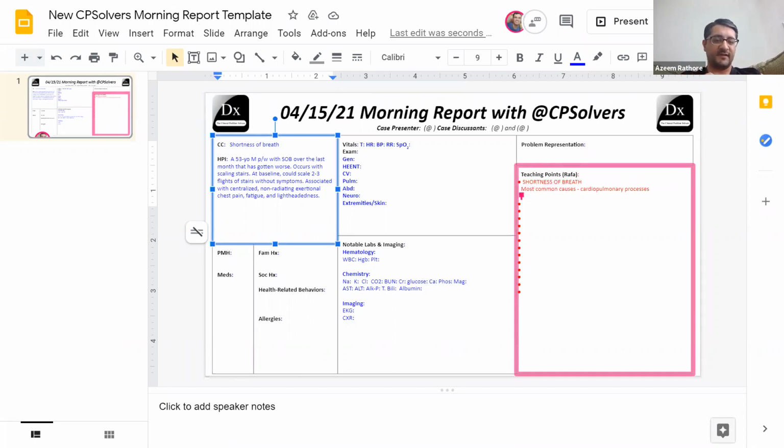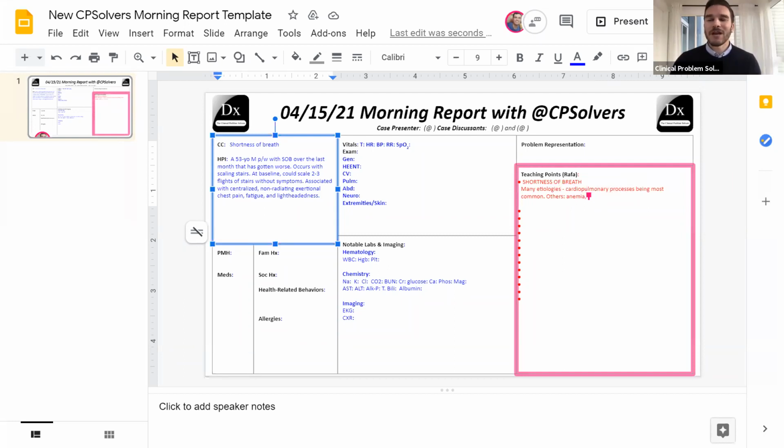Although the time course is probably in the subacute range. This is not something that's happened over the course of hours or days, but over the last month, so I should take that into account. But it could just be one of those acute on subacute presentations. It's just gotten really worse recently. So we can dive into that. And I think the past medical history will be critical for me to know, so we can evaluate the patient's risk, like if he has diabetes, hypertension, those kinds of classic comorbidities.